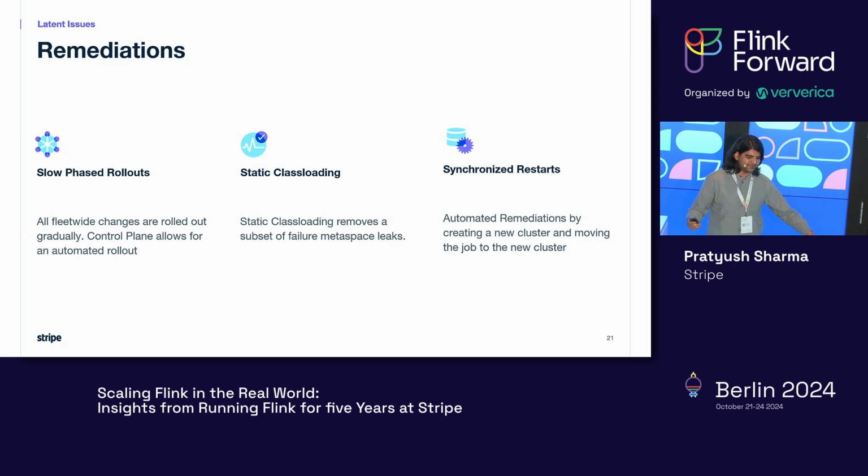For these kinds of cases, we generally don't have a single remediation, but it's more like always do slow phased rollouts. At Stripe, we consider availability tiers, which are generally dependent on the max allowable downtime, like deploy your changes to the lowest tier, moving on to more critical applications.